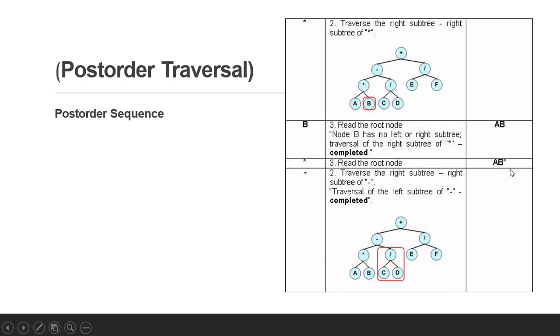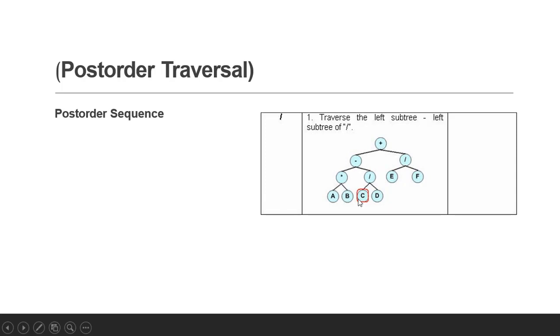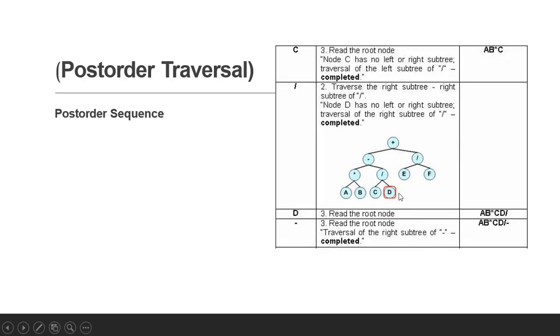So in the post order, we have the asterisk. Then after that, you traverse from the right again, then apply the recursive call: traverse from the left, then traverse from the right. So that's why we have this number.